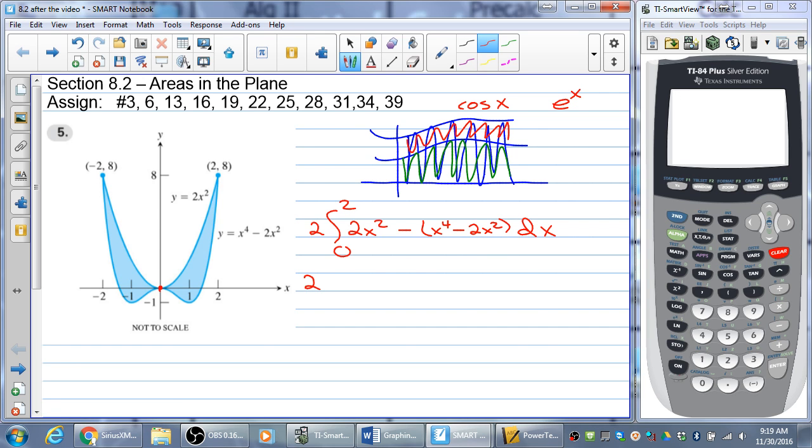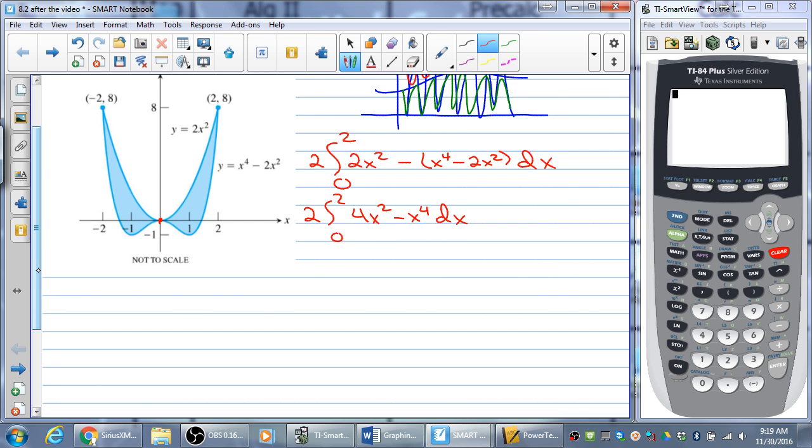All right, we have 2 times the integral from 0 to 2 of 4x squared minus x to the 4th dx. We're going to integrate the polynomial now. We have 2 times 4/3 x to the 3rd minus 1/5 x to the 5th, going from 0 to 2. 2 times, 2 to the 3rd is 8. 8 times 4 is 32.